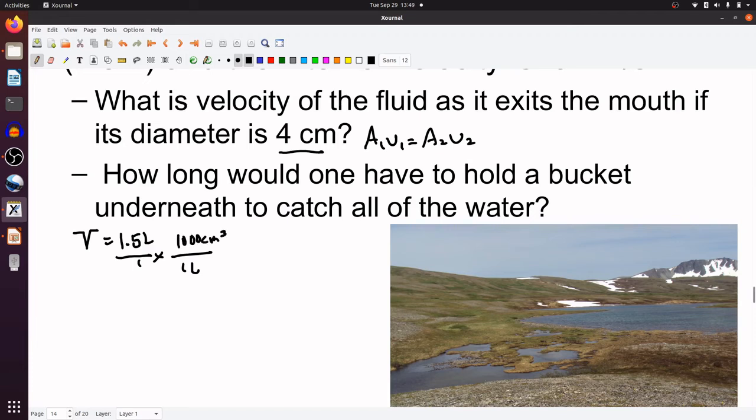Then we need to get to cubic meters, and there are 100 centimeters in a meter, so you have to cube your 100. There you are, cubed. And so when you do this, you get 1.5 times 10 to the negative third.